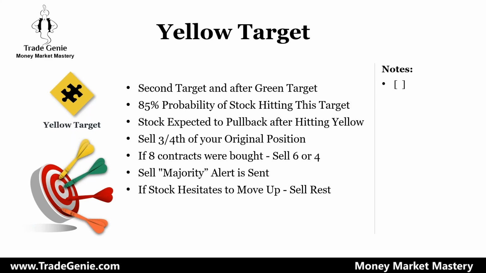Let's say we bought at 10 and sold the majority at 14, and 3 days have gone by and it's not trading above that yellow target. Options are trading at 13 now, not at 14. In order to go back to 14, the stock has to move another dollar 50, then it goes above $2, $3. Then we will have maybe options trading at 15. If that scenario happens, the alert triggers to sell rest.